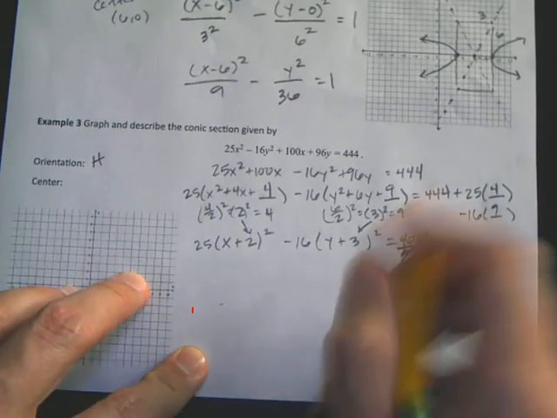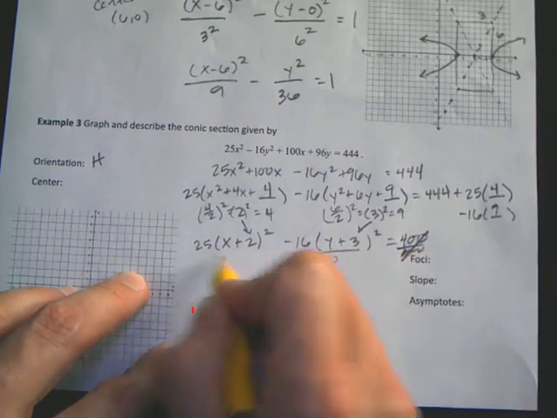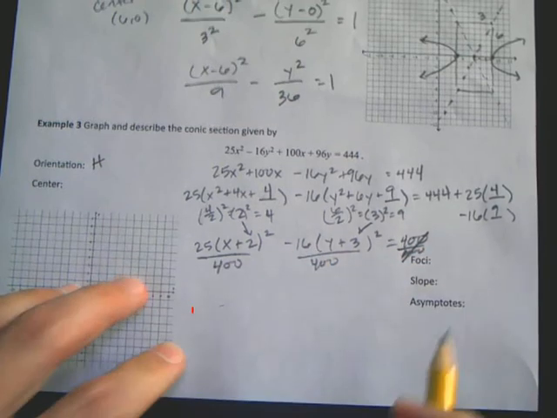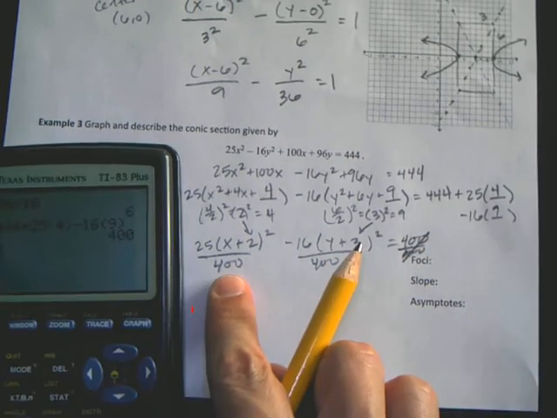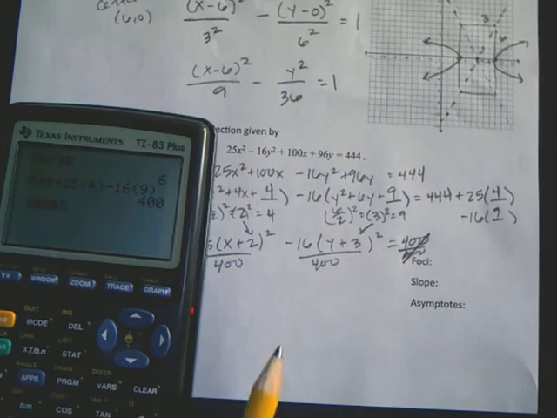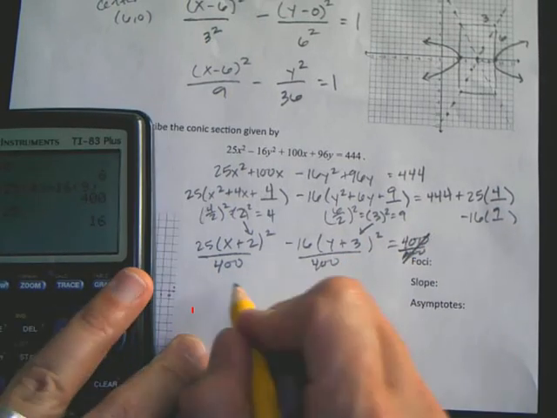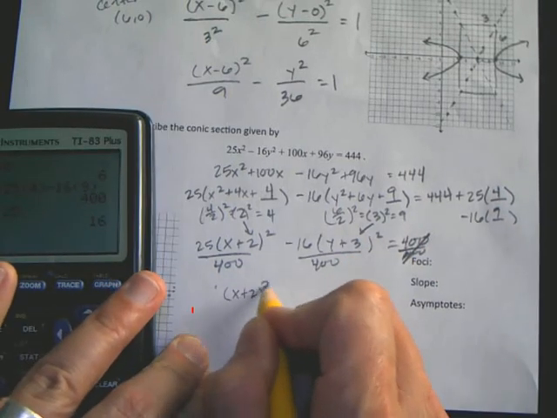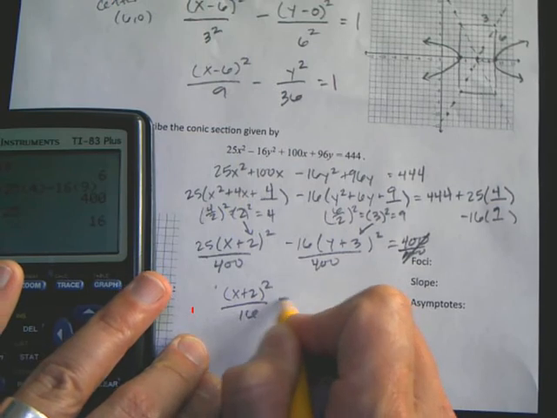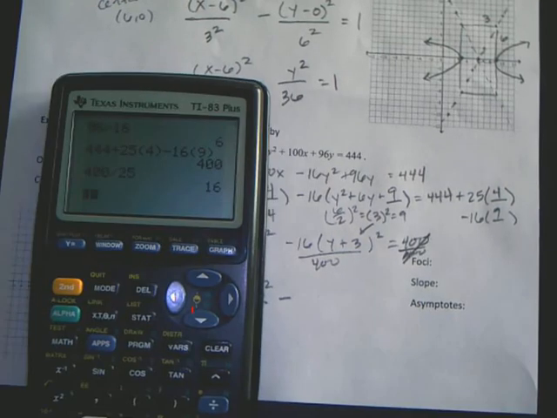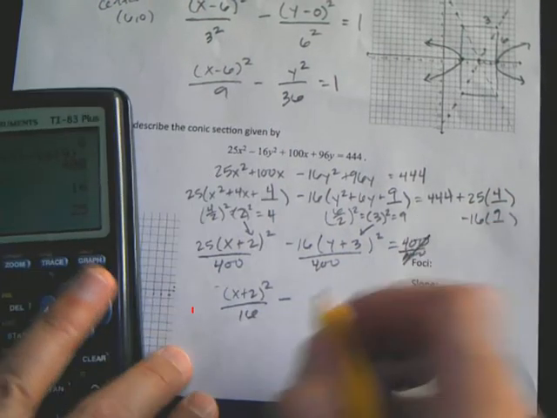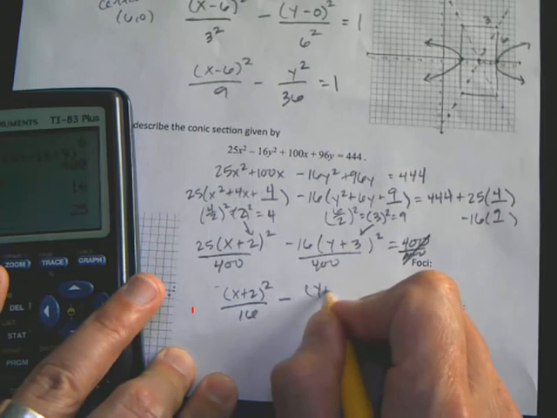And then we just simplify. 400 divided by 25 gives us 16. So the denominator here is x plus 2 squared over 16 minus, get this, 400 divided by 16, that's right, it's 25. So y plus 3 squared over 25 equals 1.